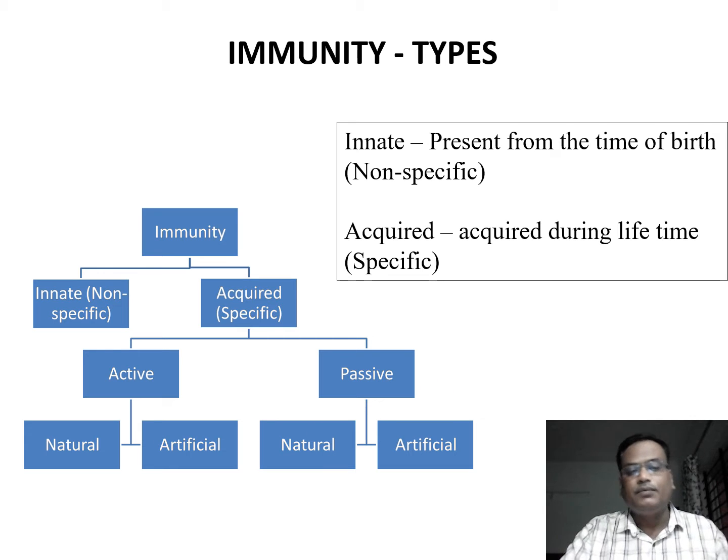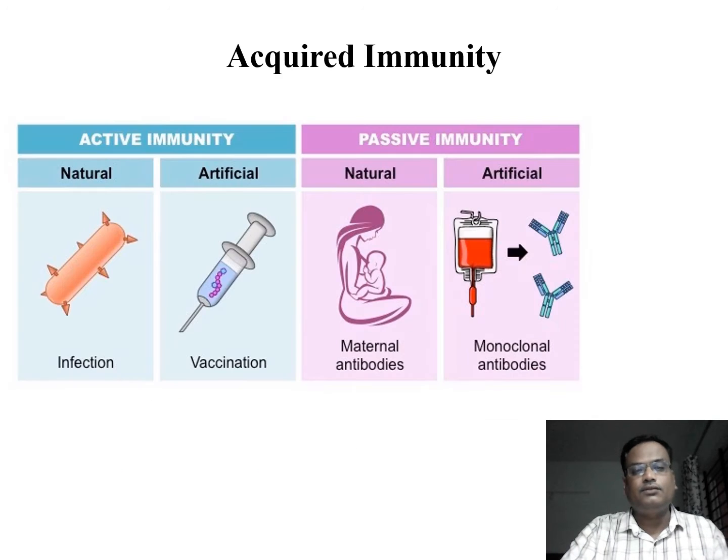So the acquired immunity may be active or passive, and again the active may be natural active or artificial active, and the passive may be natural passive or artificial passive. In later slides or later sessions we'll understand the difference between all these things.